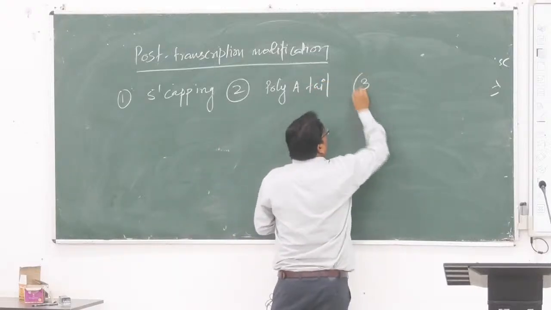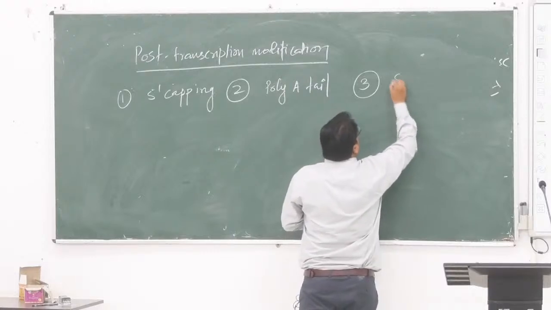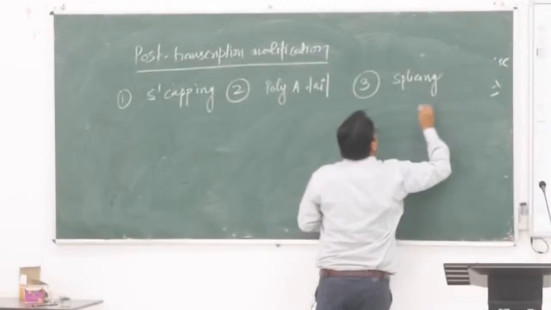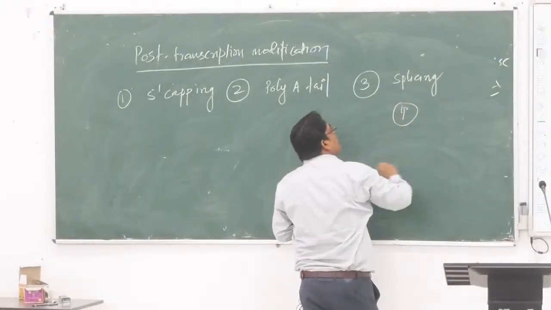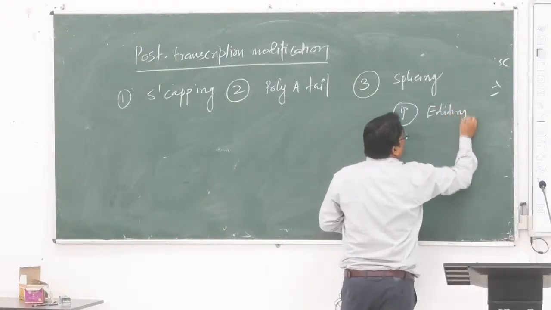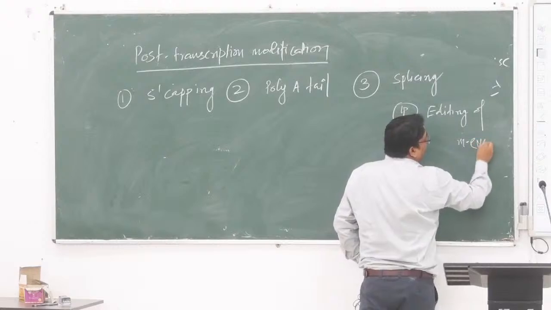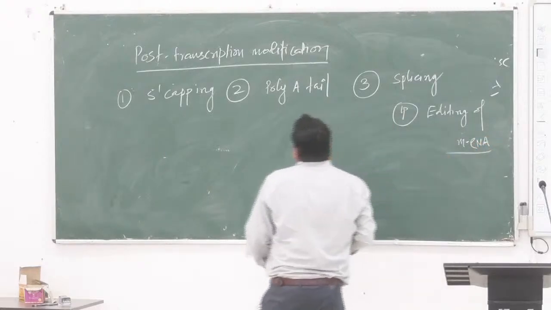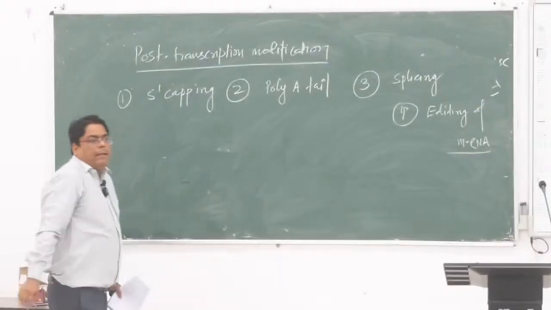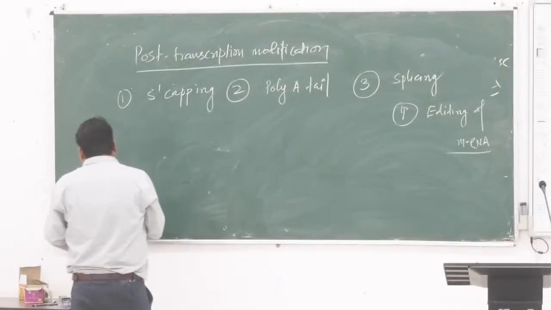Third one is splicing, and the fourth one is editing of mRNA. Now we understand one by one all the things.